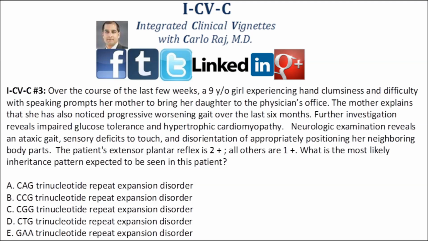Huntingtin protein is what's being expanded by CAG. The Huntingtin protein is crucial for early development of human beings.